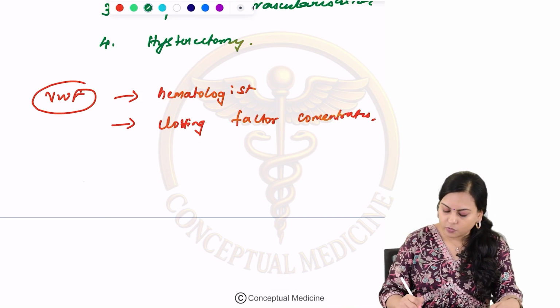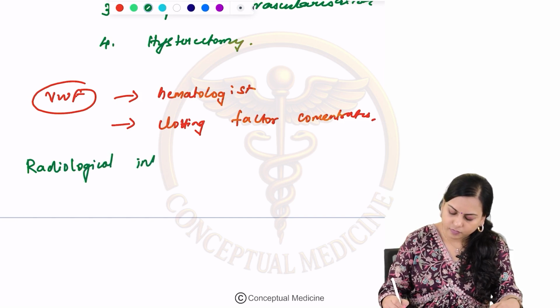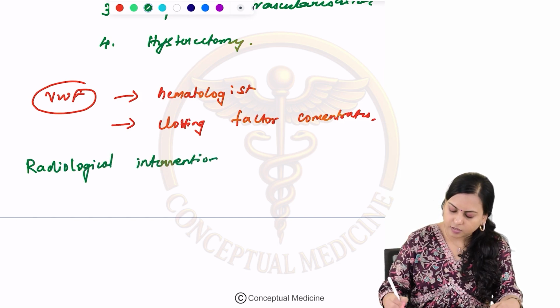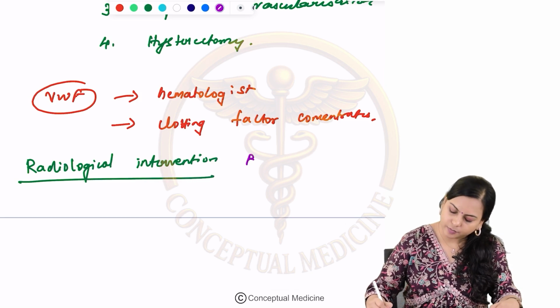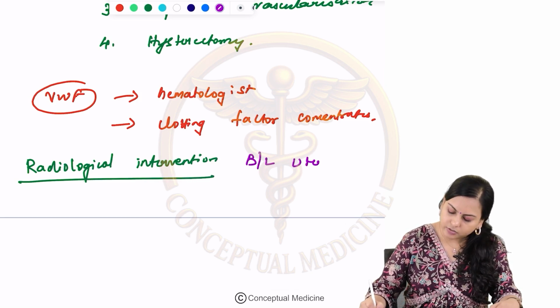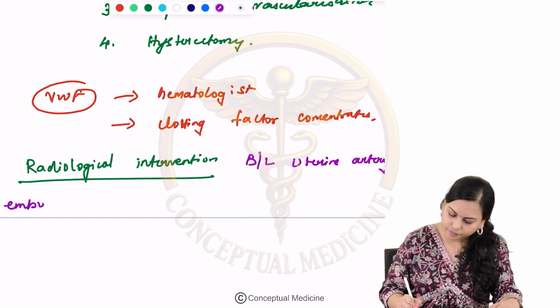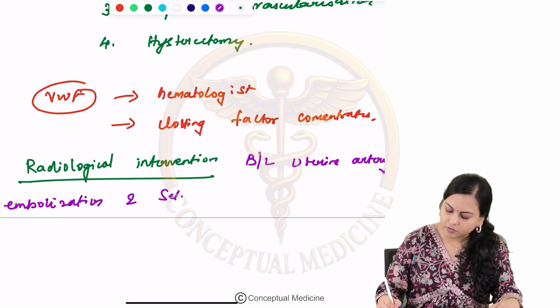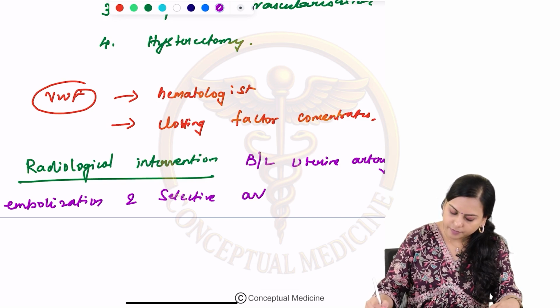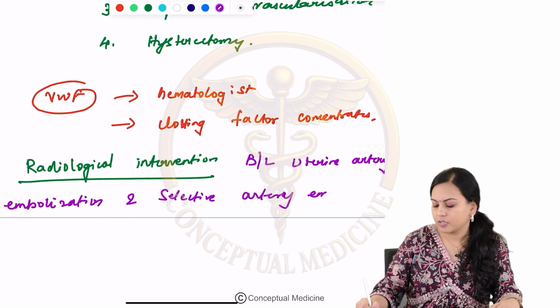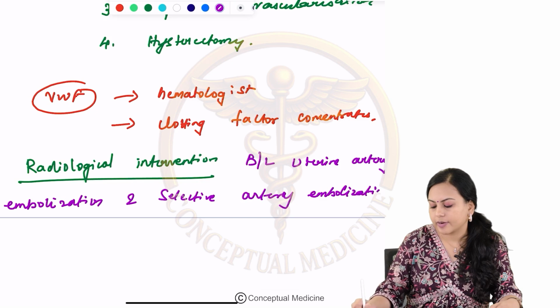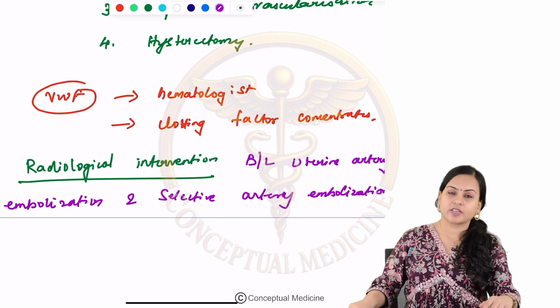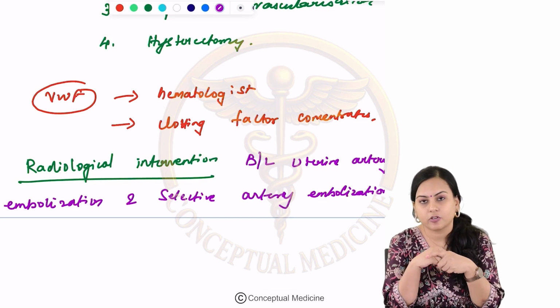Sometimes you can even do a radiological intervention like bilateral uterine artery embolization, and selective artery embolization can also be tried. Clear? So, yes, with this we are completing our discussion on secondary PPH.